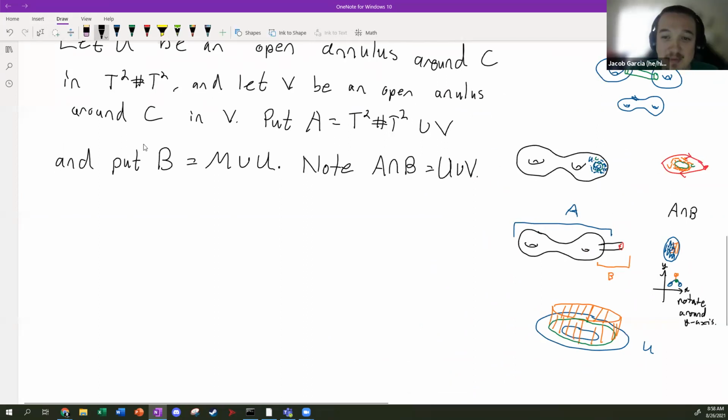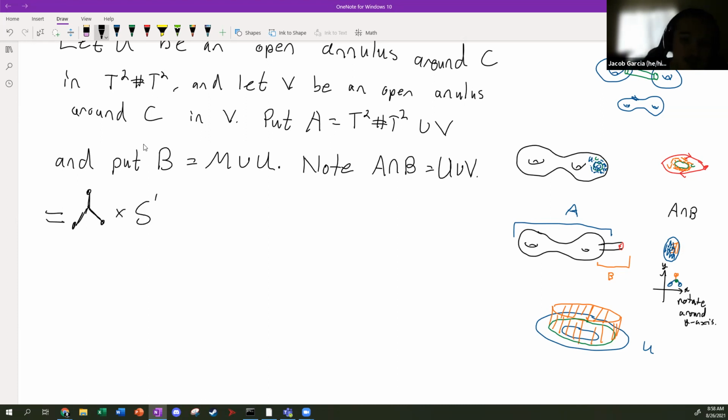So I set up this A and this B, and I've drawn this A union B. And maybe I should note that based on this picture, U intersect B is equal to this tripod that I've drawn over there, cross S1, but that's basically just S1, because the first component deformation retracts to a point. And so I just get S1.